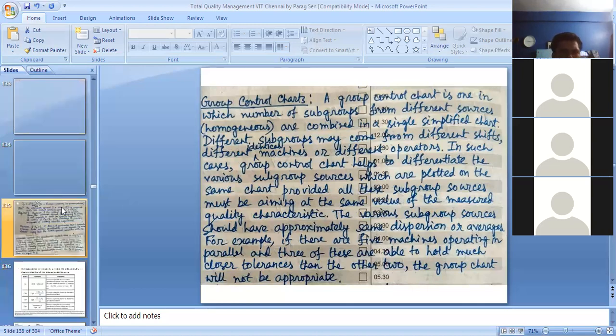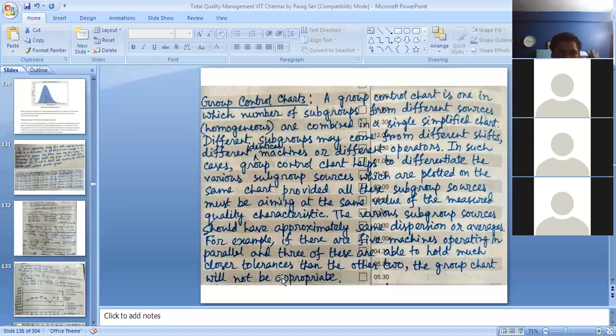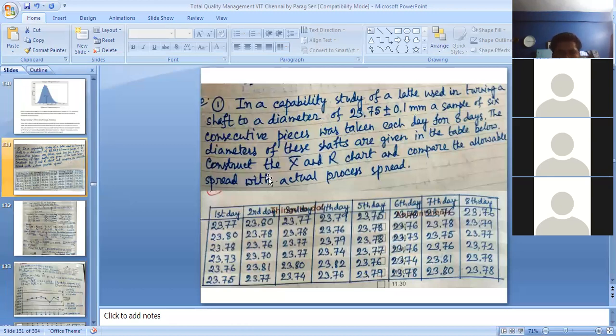That idea may not be very clear, so let me make it clearer. Suppose you have seen the example of the X bar and R chart in the previous case.